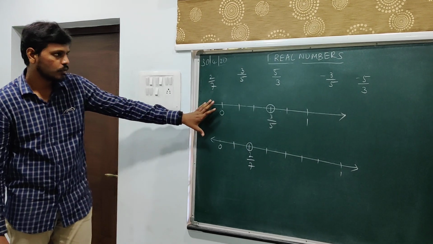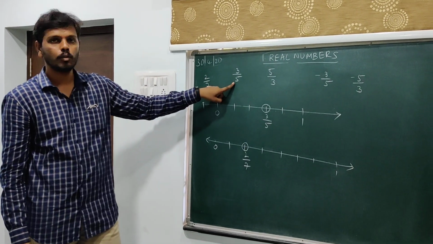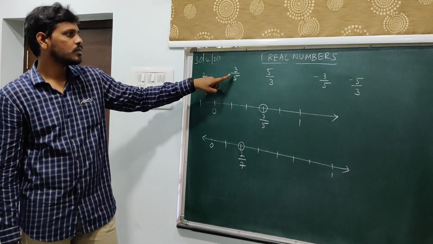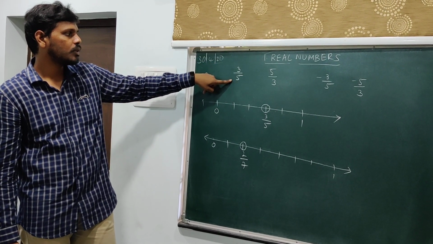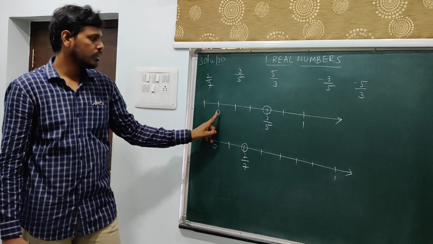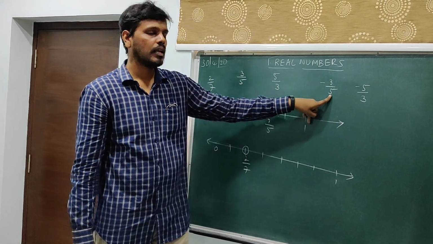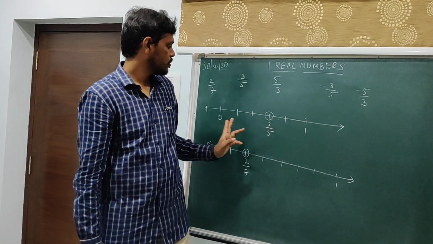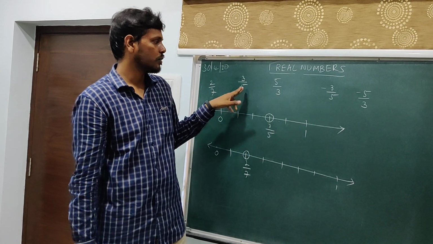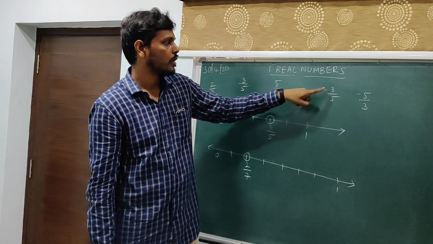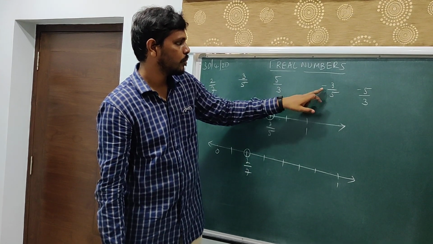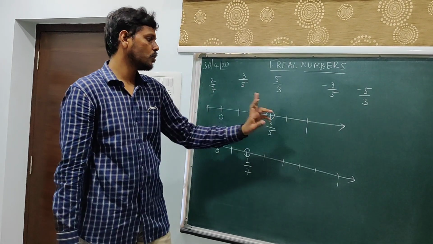Now this is the case where the numerator is less than the denominator, and the point to be remembered here is, whenever the numerator is less than the denominator, it will always lie between 0 and 1. If suppose you are looking into a negative case, this will lie between 0 and minus 1. So 0 and 1 is for the positive case, when the numerator is less than the denominator. Here when the numerator is less than the denominator, for a negative case, it is 0 and minus 1.